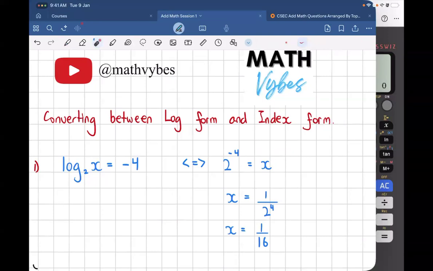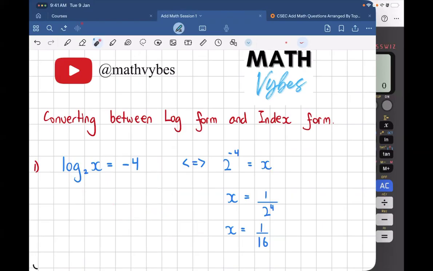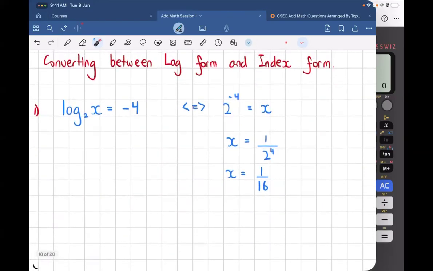So, Shay, understand what they were trying to ask you, and it will make sense now. If you have log base 2 of 1/16, what would you have to raise 2 by to get 1 over 16? It makes sense now, right, Shay? Because to get 1 over 16, wouldn't you have to raise 2 to the power minus 4? Yes, sir. Remember, Shay, the log function tells you the power you have to raise a number to in order to get the desired result.